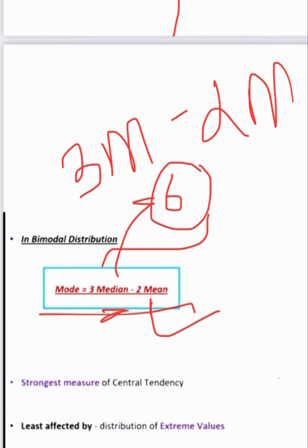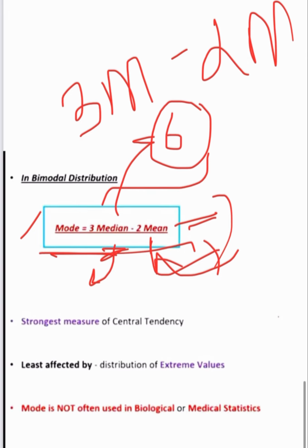Mean is a smaller word, so it goes with the smaller number, that is 2. So remember, 3 median minus 2 mean gives you mode in a bimodal distribution.